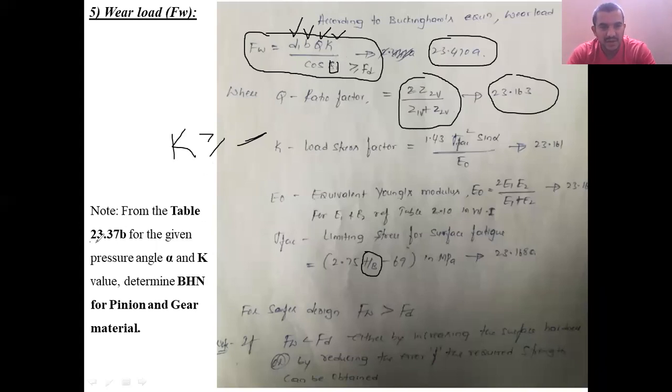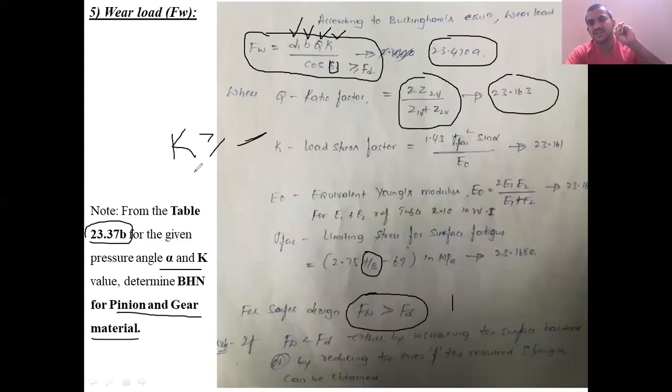Then by referring to figure 23.37b for the given K value and the given pressure angle, you determine BHN for the pinion and gear material. Then once you get the determinant, we check the wear load should be greater than or equal to the dynamic load, then the design is safe.